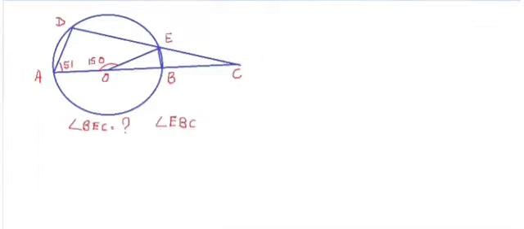Now in this question they have given angle DAO is 51 degrees and angle AOE is given 150 degrees. We need to find out angle BEC and angle EBC. These two angles we need to find out. Now we can see that ABED is a cyclic quadrilateral.